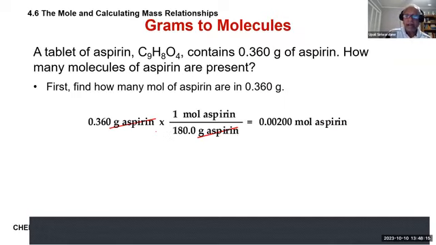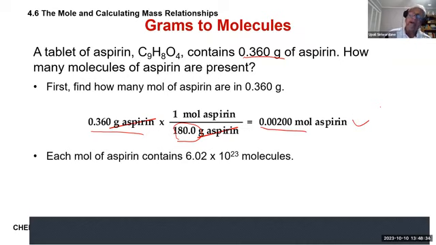So how do you calculate grams to moles? This is grams, and this is the molar mass of aspirin. That's grams divided by formula mass of aspirin. You get the moles of aspirin. How do you get the number of molecules from these moles? 1 mole contains Avogadro number of molecules.